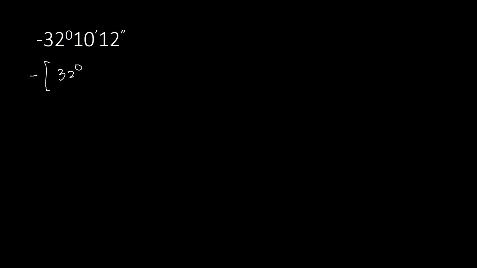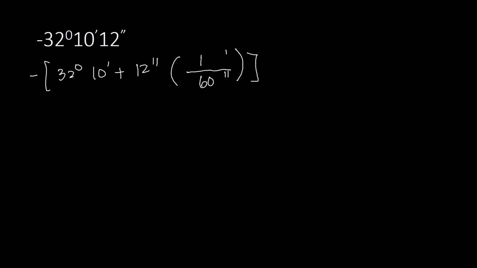degrees and then 10 minutes. We are adding that one with the 12 seconds. We're separating 12 seconds from the rest by adding because we wish to emphasize that we're converting the 12 seconds in here. So since we have the seconds converting to minutes, we have our seconds at the bottom part while the minute will be at the numerator part. So using the unit of conversion, we have 1 minute is equivalent to 60 seconds.